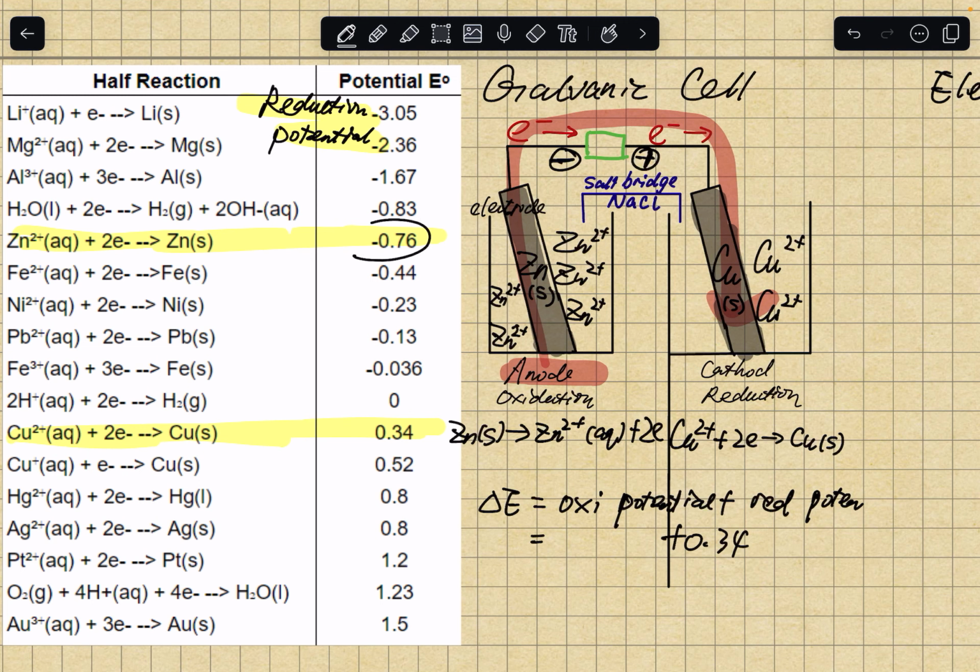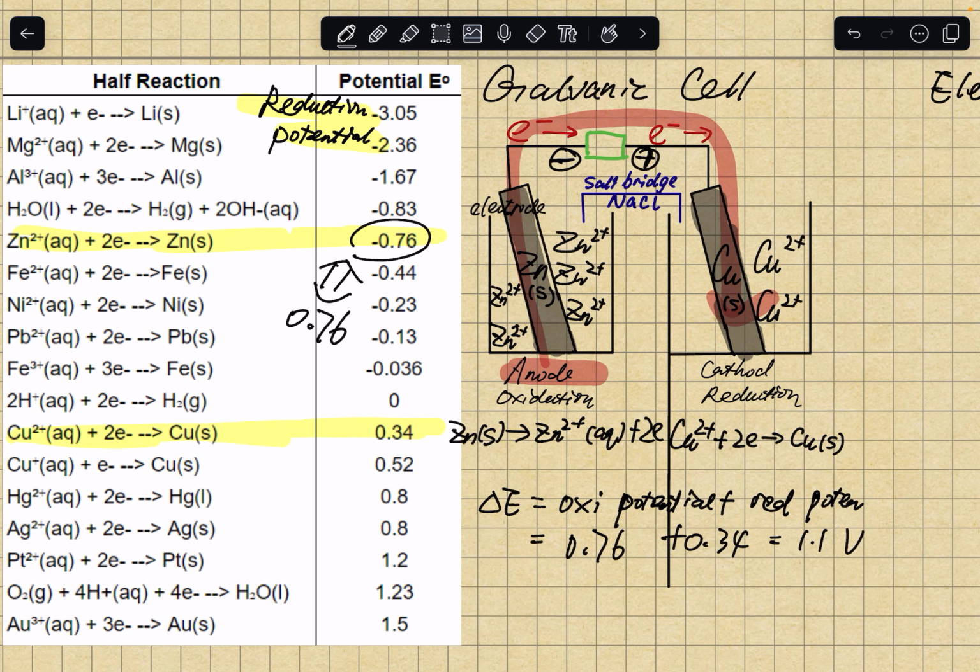The table tells us the reduction potential of zinc, not the oxidation potential. But if we flip it to positive 0.76, then we know the oxidation potential of zinc is 0.76. Plus the reduction potential of copper, 0.34, I get 1.1 volts. That gives me the net potential of this galvanic cell.